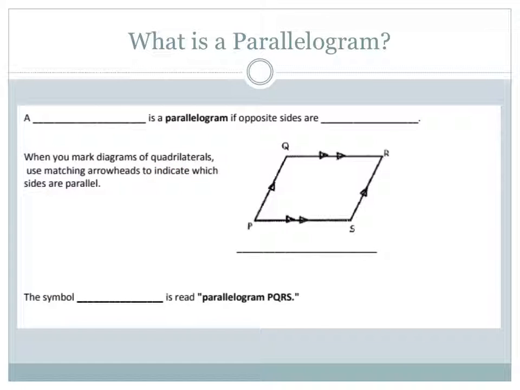So, first things first. A shape is a parallelogram if opposite sides are, what do you think? Equal. Oh. Parallel. So a shape is a parallelogram if opposite sides are parallel.